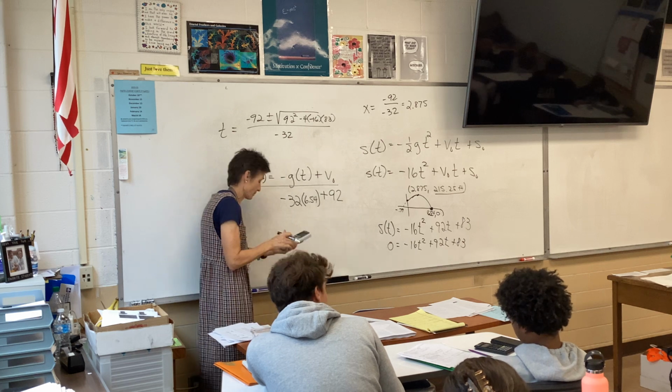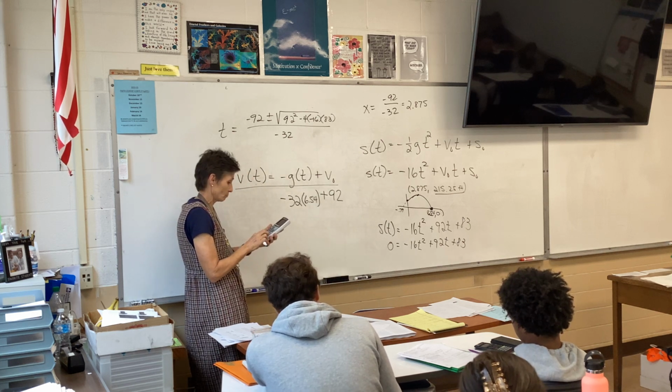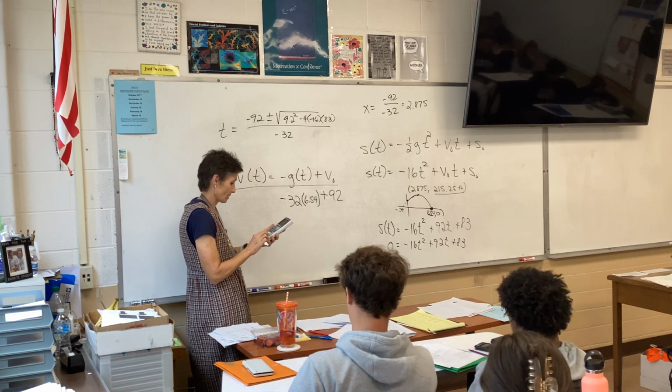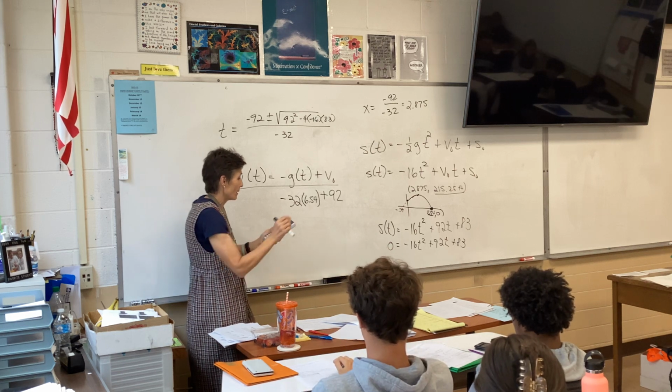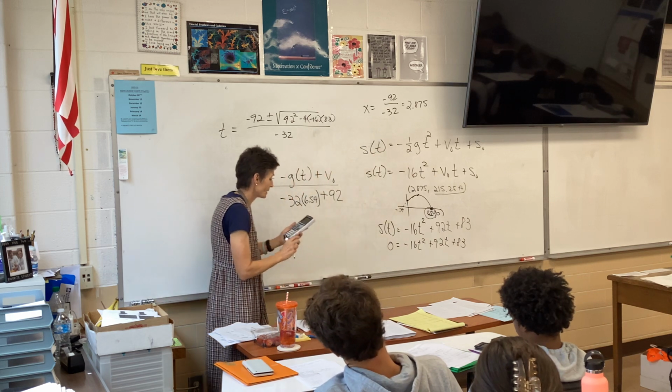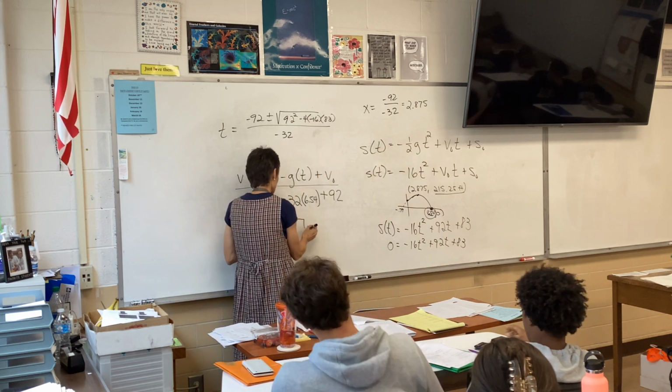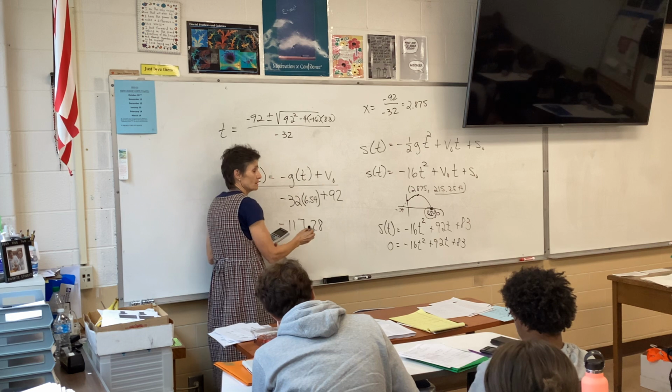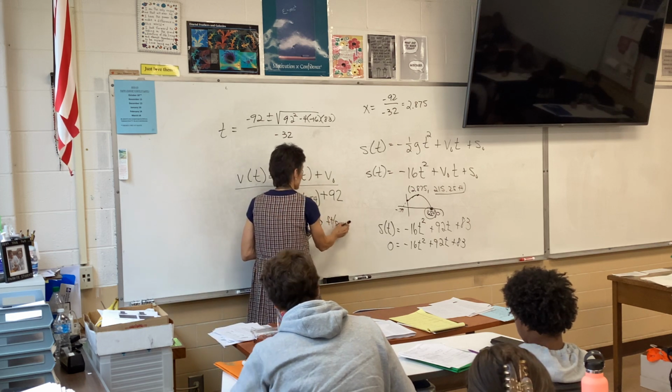So, let's see what it is. What's the t value again? Right here, the one we just found, when the ball hits the ground. I got negative 117.28. And that would be feet per second.